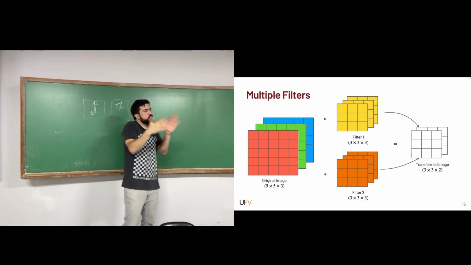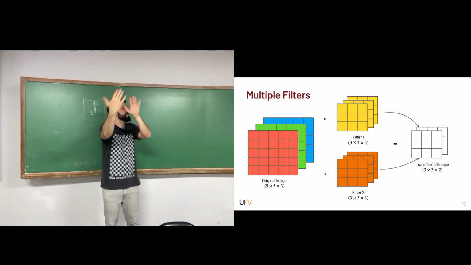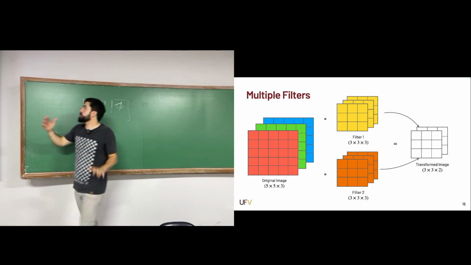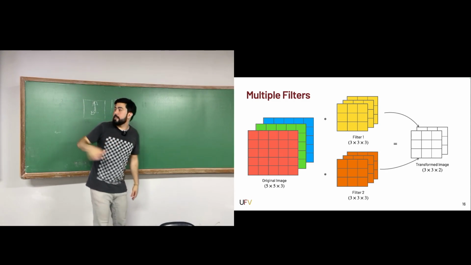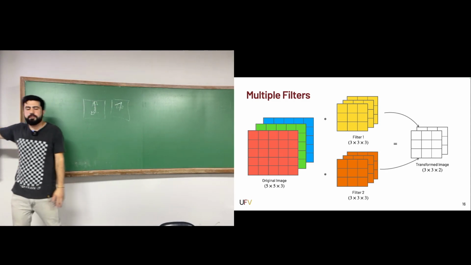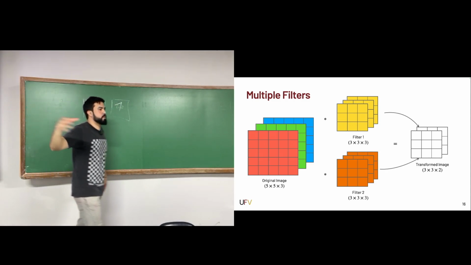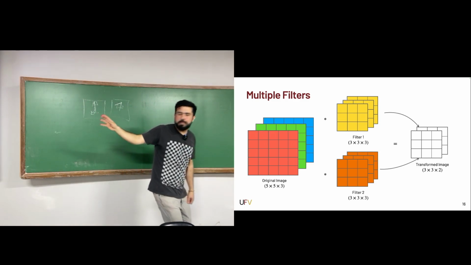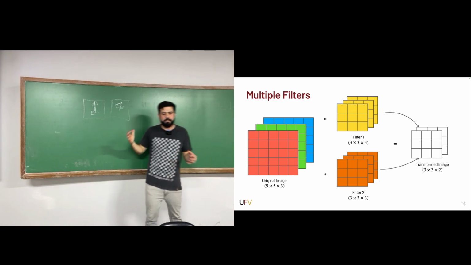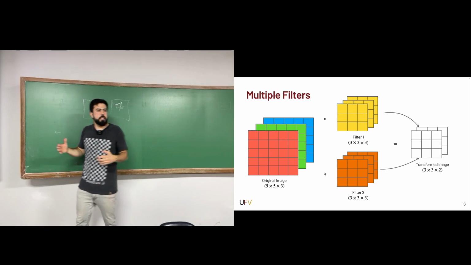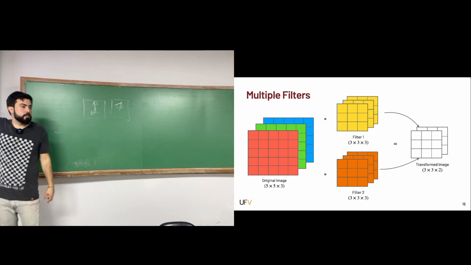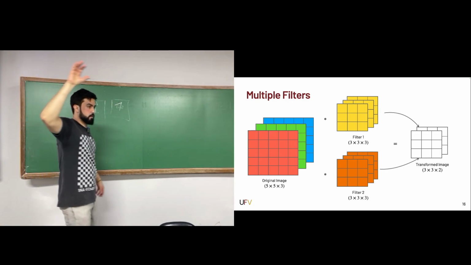That would give you 2 different flat images, and you can restack those 2 images to get a volume that is now 3 by 3 by 2. And the number of filters you can define yourself. You're going to see this probably in the next slide. When you are defining what we call a convolution hidden layer, you can pick the number of filters you want. Okay?